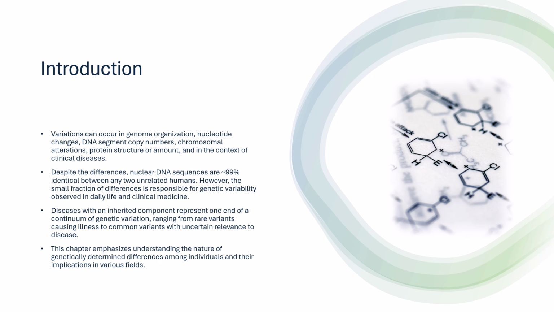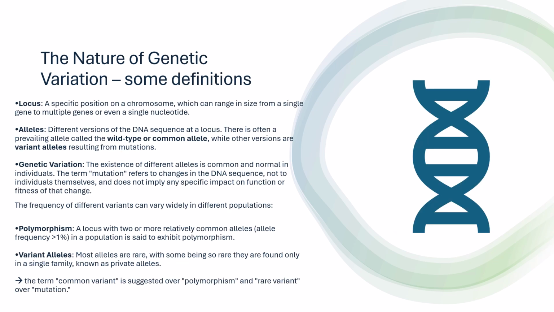The variations can occur at any stage of protein synthesis, from the gene organization, nucleotide sequence, DNA copy number, or protein structure and amount itself. That is what we will be discussing in this chapter: how these variations differ, how they are created through this process, and how eventually they will be divided into common variations that are not related to any disease, or rare variations associated with some diseases.